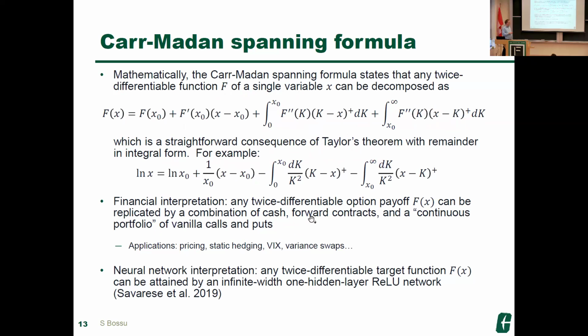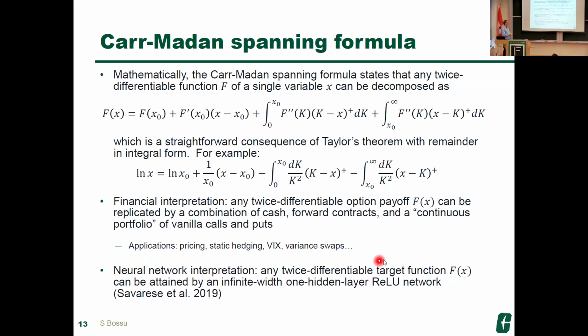It's a straightforward consequence of Taylor's theorem with remainder in integral form. A very famous application is the log contract. You can decompose the log contract into cash, a forward contract, and then a continuum of calls and puts in quantity 1 over k squared, which is the second derivative of the log. This gave all kinds of applications for VIX, variance swaps, and things like that.